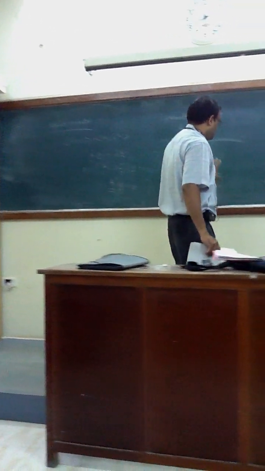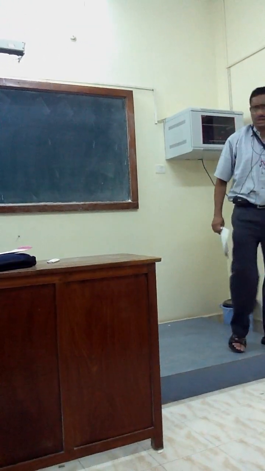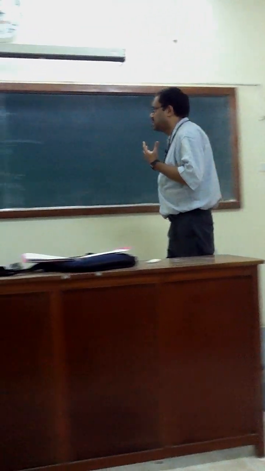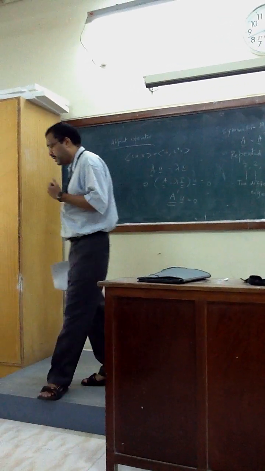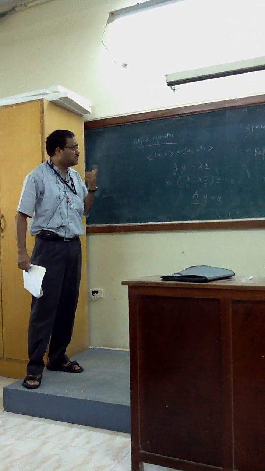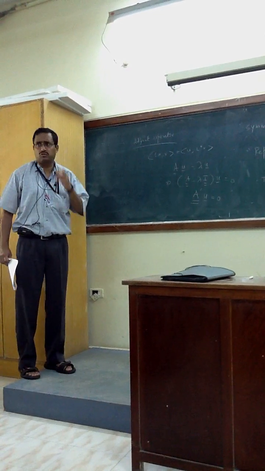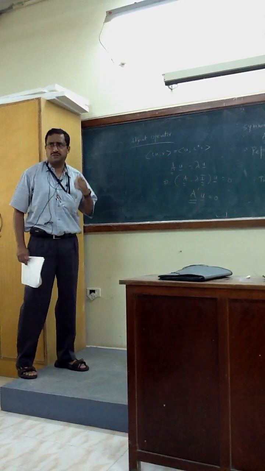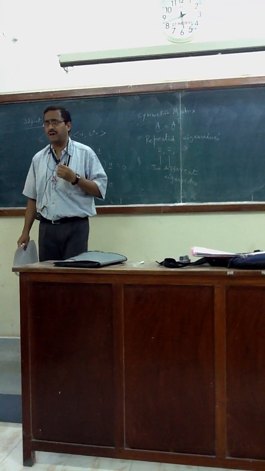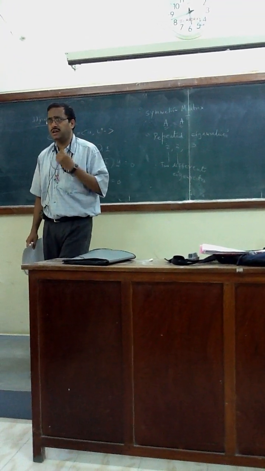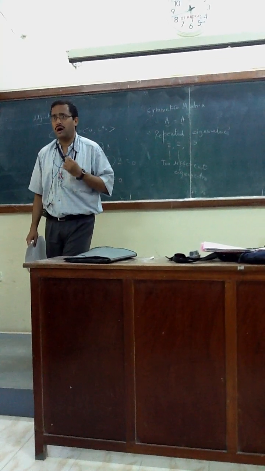I will be discussing more and more, in all possible ways, how it is possible to prove that in a symmetric matrix the eigenvectors are orthogonal, and they are the best basis vectors. No matter whether the eigenvalues are repeated or not, you will always get orthogonal eigenvectors.